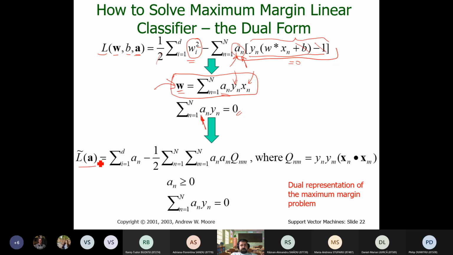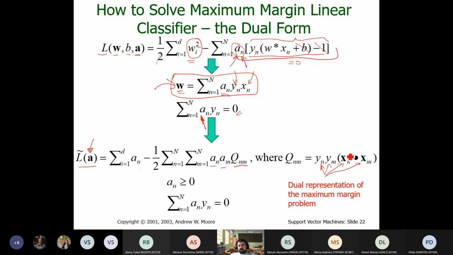The dual form is defined only in terms of the Lagrange multipliers, and is the summation of an minus half the summation of an, am, and qnm, where qnm is the product of yn, ym, xn, and xm. Basically, this will be a kernel.